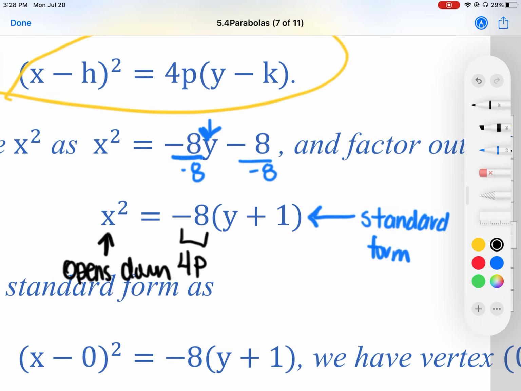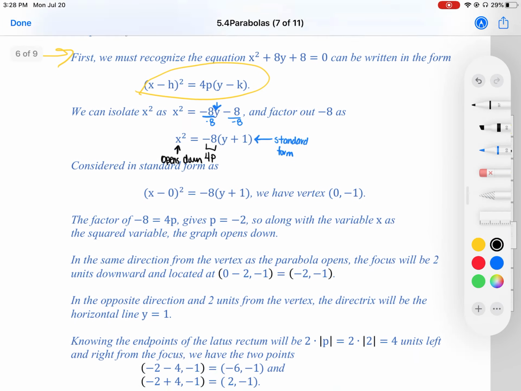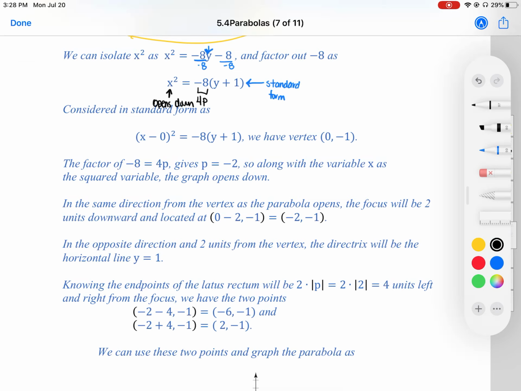We're also able to pick out our vertex, which is always (h, k). My h is 0, my k is -1, so my vertex is (0, -1). Again, this is because my k is with my y and my h is with my x, but I don't have a number being added or subtracted to my x, so h is forced to be 0.